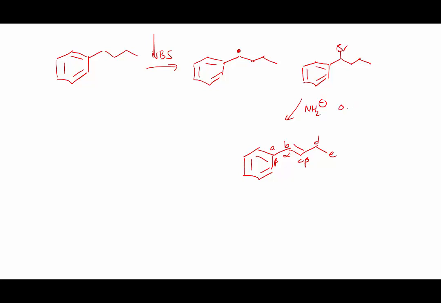Tertiary butoxide? Does it matter? No, it doesn't matter, because if that's my alpha carbon, there is only one beta hydrogen. So there's only one hydrogen that's accessible. Whether I use NH2 or tertiary butoxide, I'm going to get that double bond.